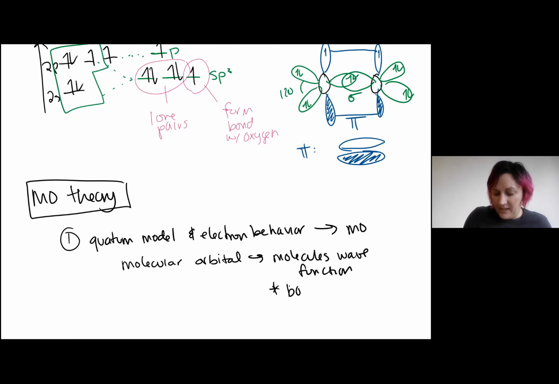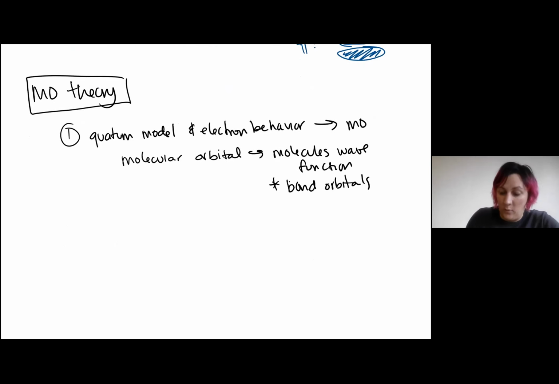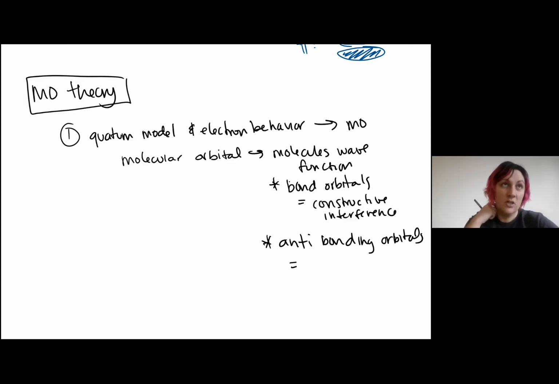And so we'll have bonding orbitals that are constructive interference of overlapping waves. And we'll have anti-bonding orbitals that are really the destructive interference of 2 overlapping wave functions.